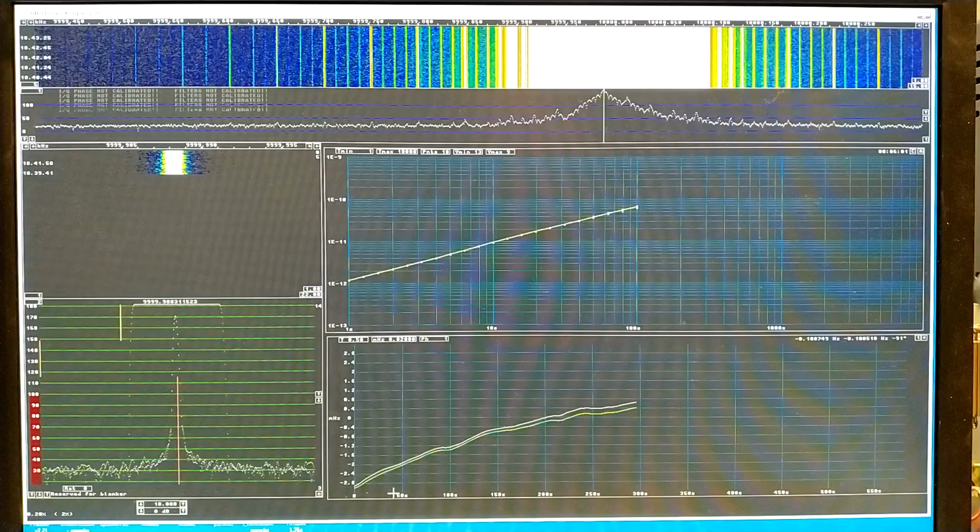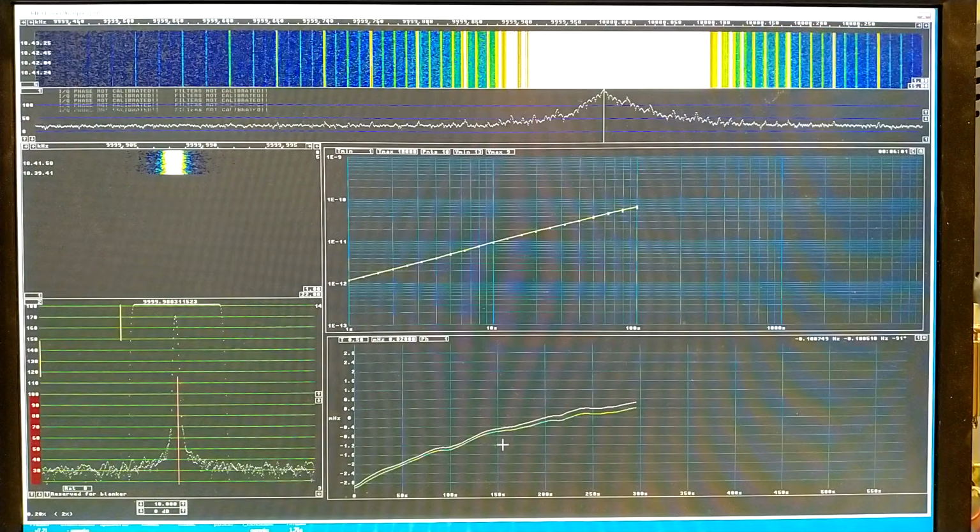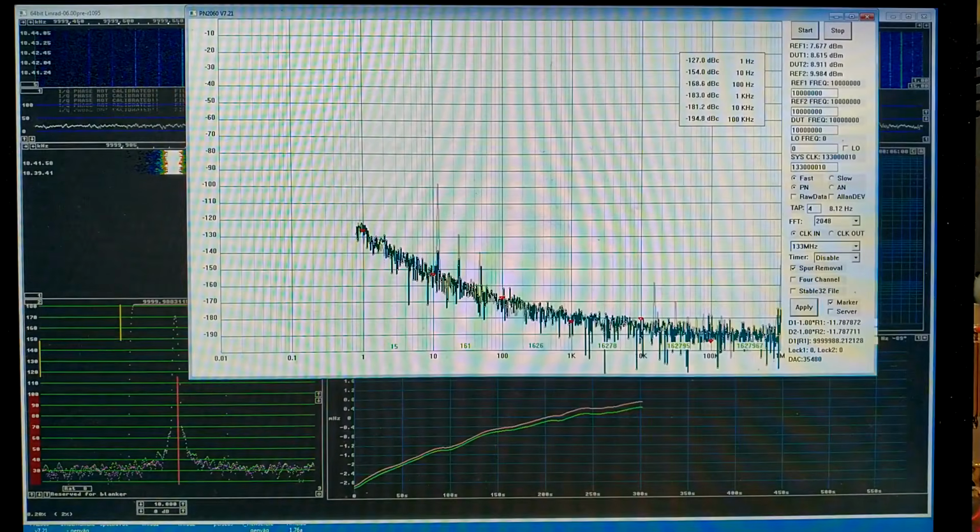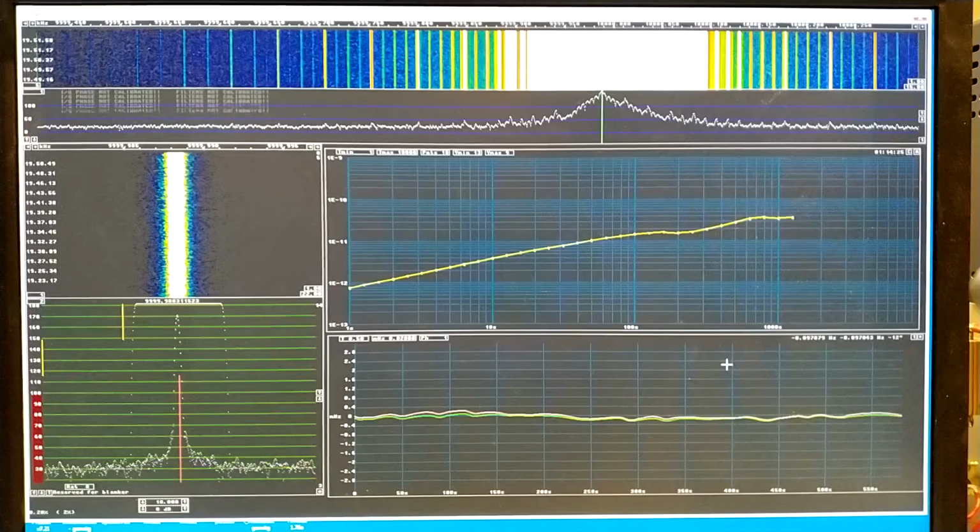The frequency versus time looks very much the same also, as expected. I will leave this running for a while to look a little bit closer at it. The frequency versus time variations look a bit different.